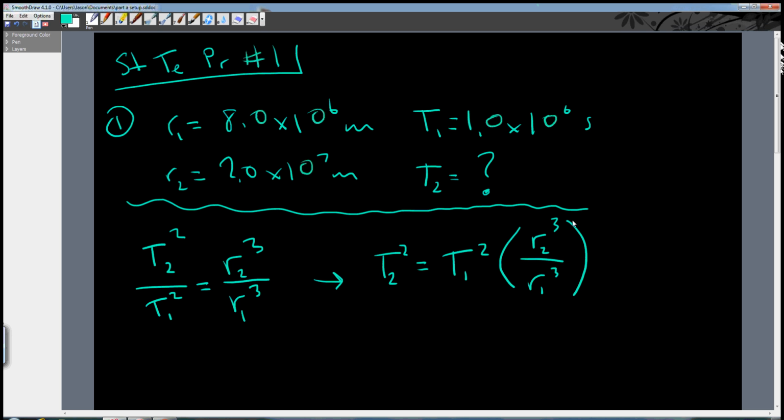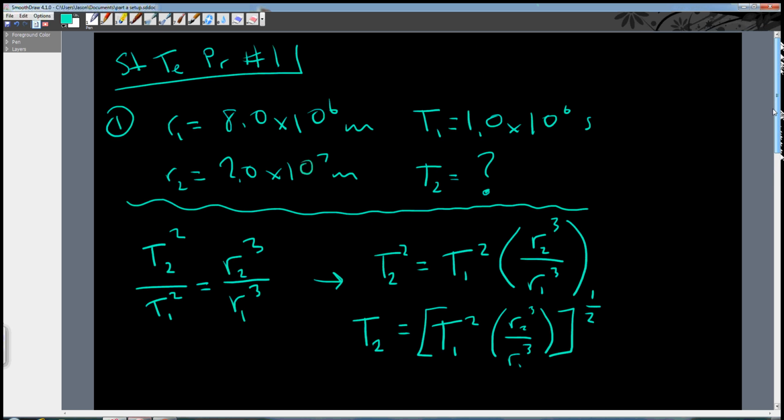Now I'm going to take the square root of both sides to isolate my T2. The period of satellite 2 is, I'm going to write this as a power of 1/2 because that's how I like to write it. The 1/2 power is the same thing as taking the square root.